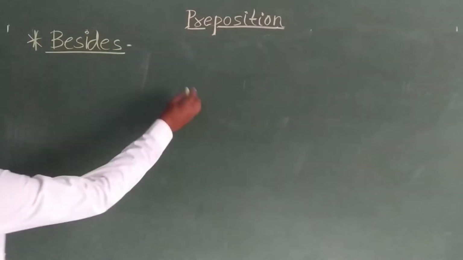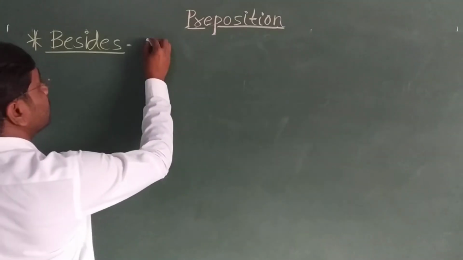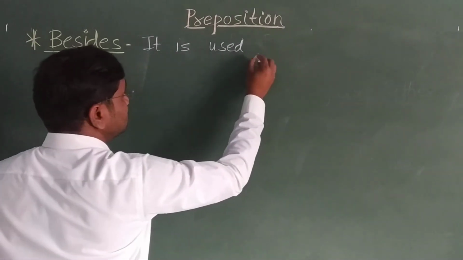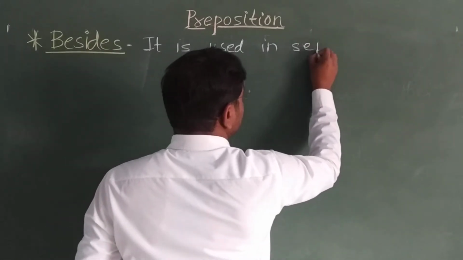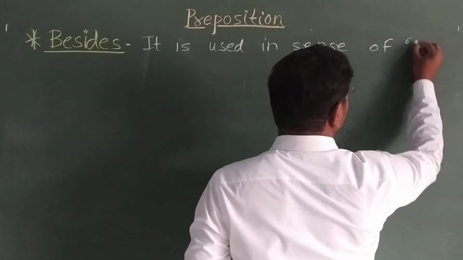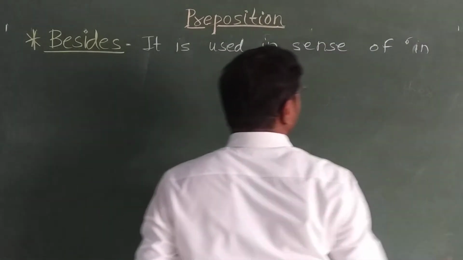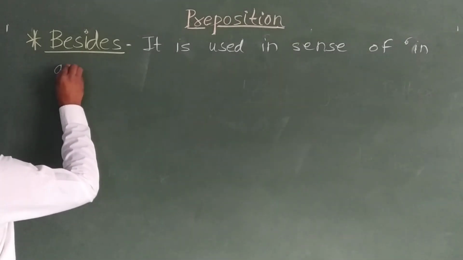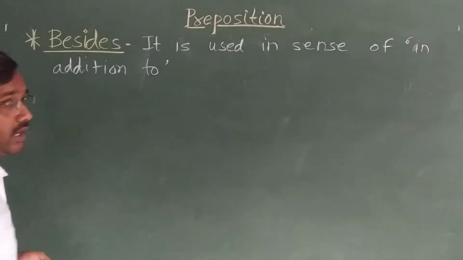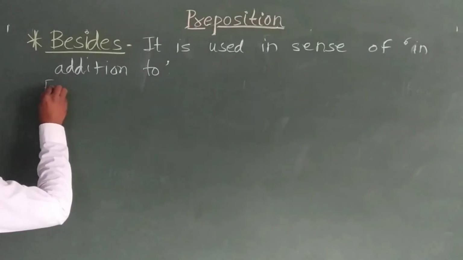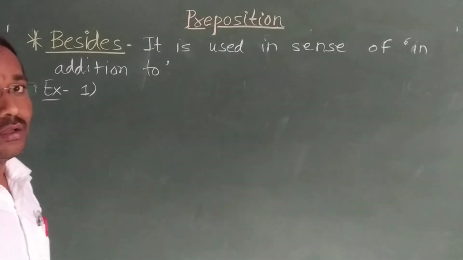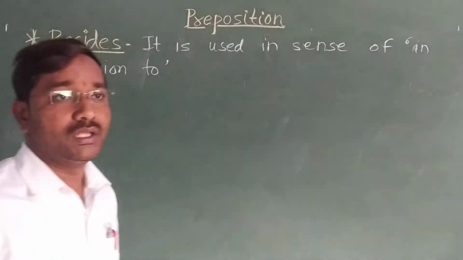For example, it is used in the sense of in addition to, and we have examples such as: besides the Ramayana, I have the Gita.